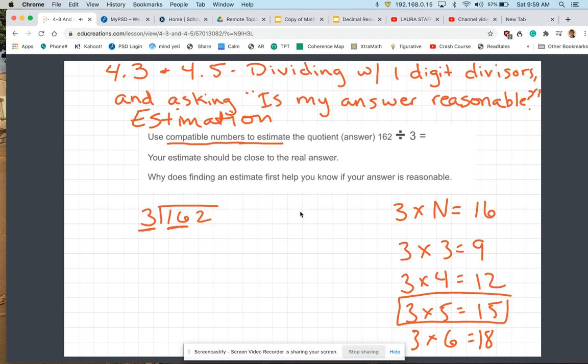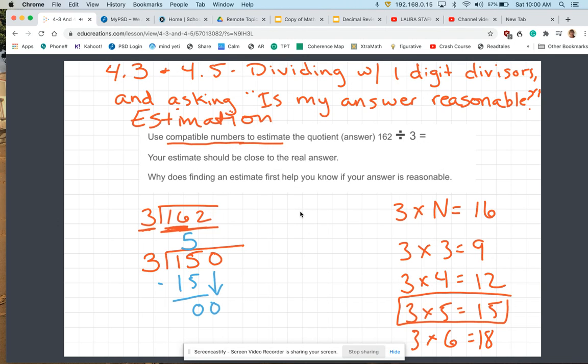And so this is my closest base problem. Using that knowledge, I can set up my 3 goes into, instead of 162, I'm going to say 150, with 15 as my base problem. Then I can pretty easily see that I can put a 5 down here. 5 times 3 is 15.